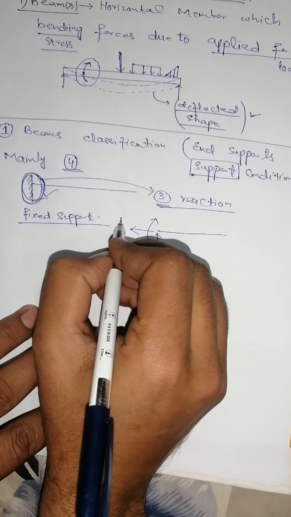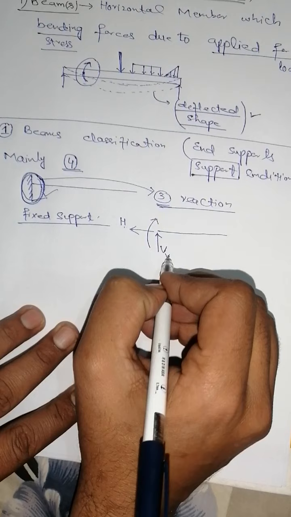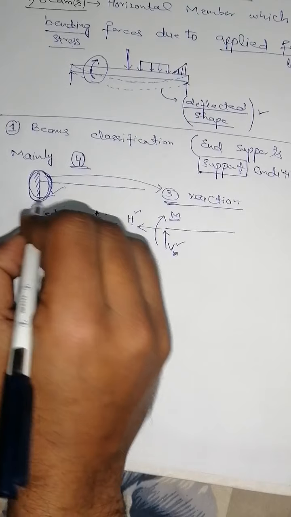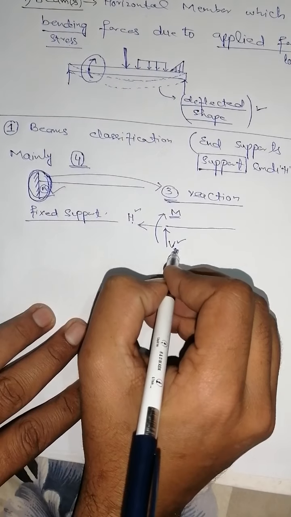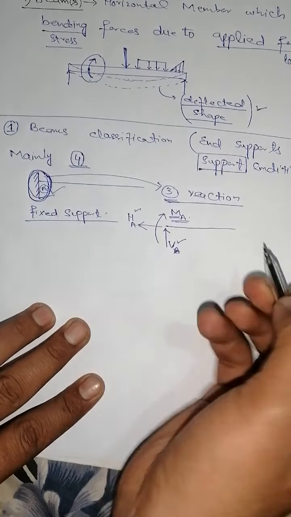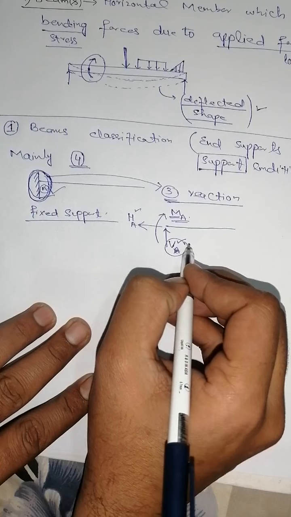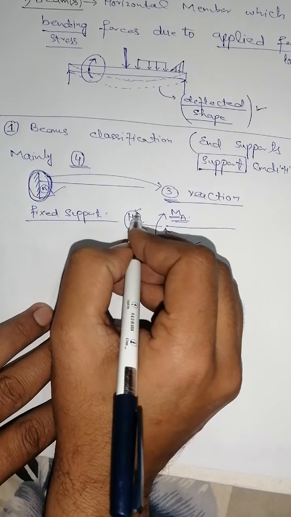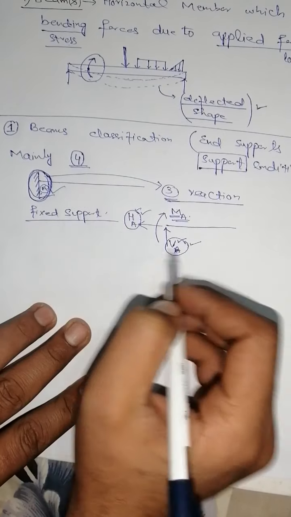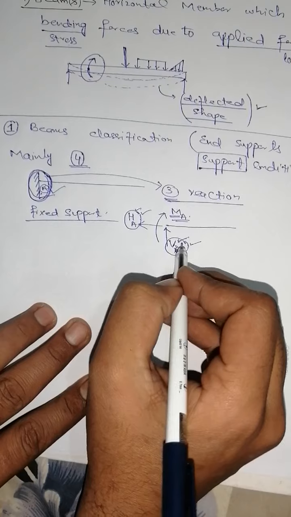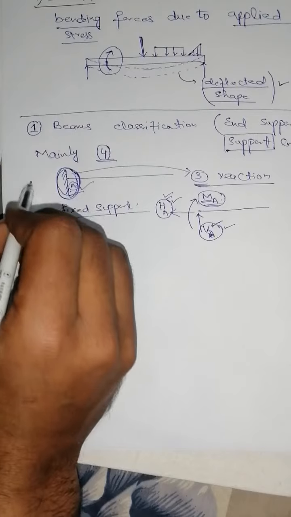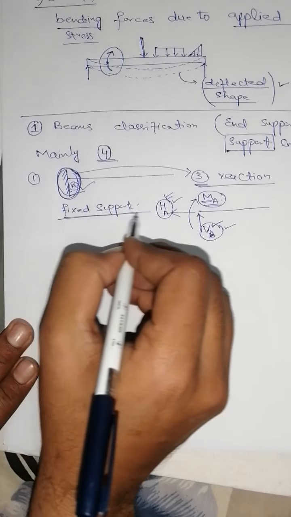Suppose this is point A, then we can call them VA, HA, and MA: vertical reaction at A, horizontal reaction at A, and moment at A due to applied loads. So at a fixed support there are three types of reactions: one vertical, one horizontal, and one moment reaction. This is the first type of support, that is fixed support.